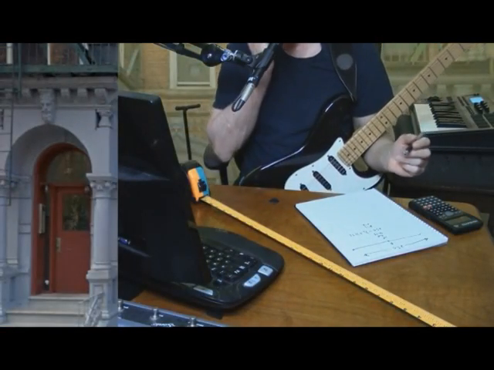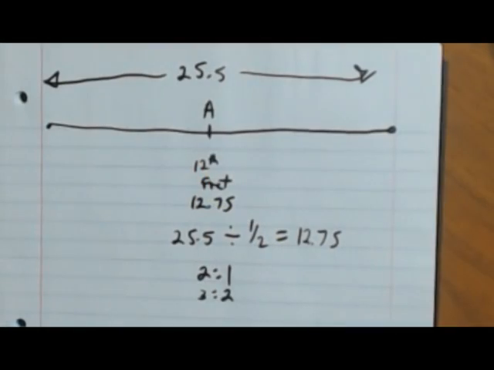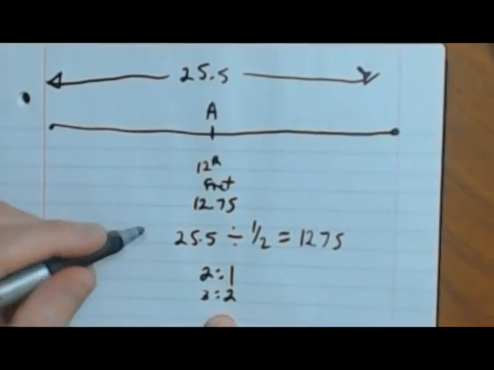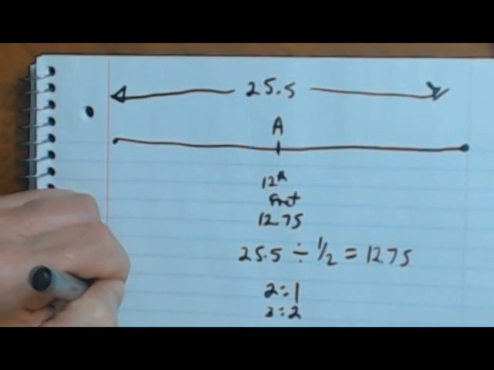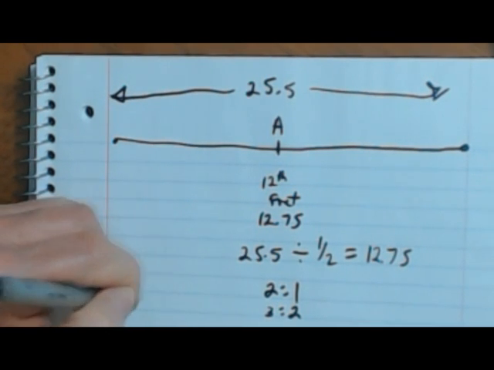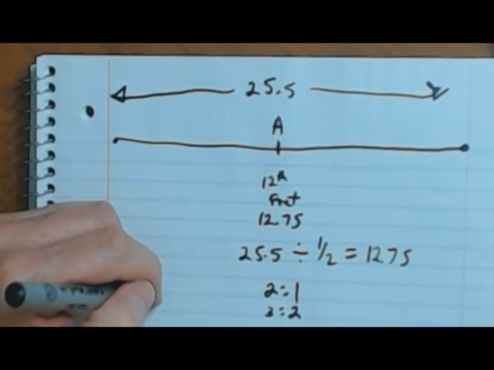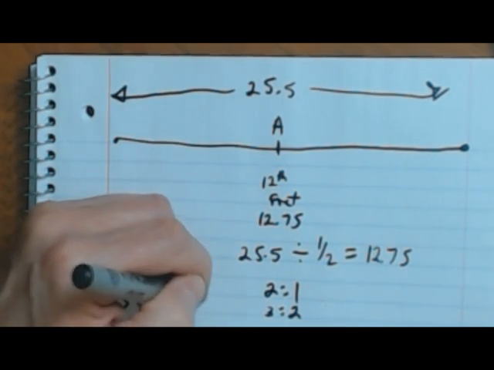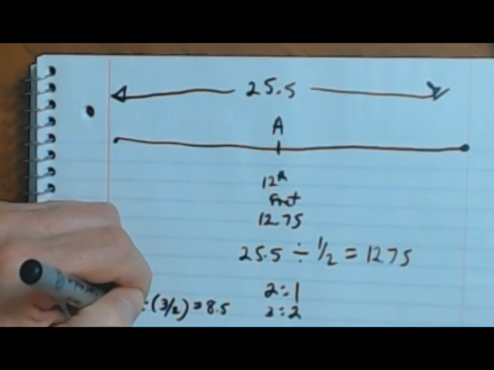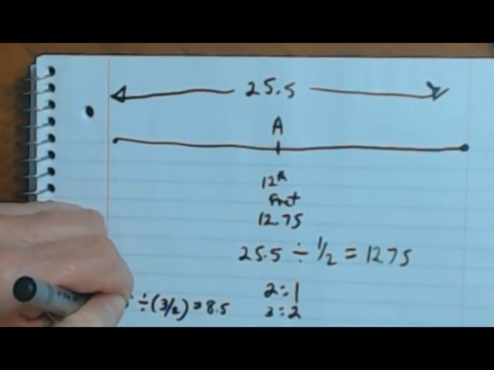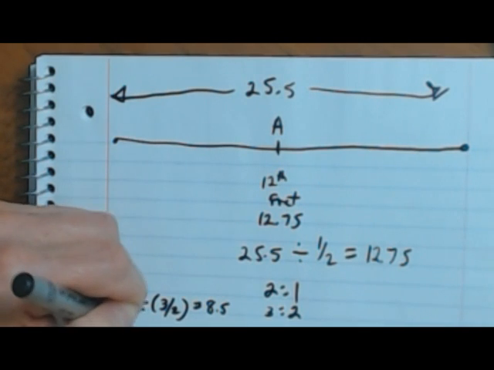Basically, it goes over here. I guess you can do it this way. You can say, to get 3 to 2, you say 25.5 divided by 3 divided by 2 equals, you get 17, and then you subtract that.